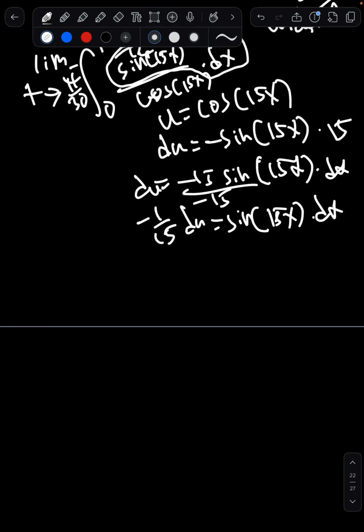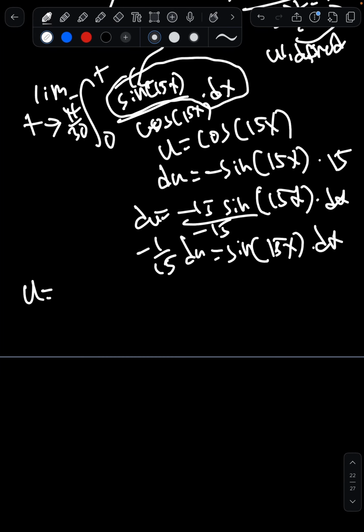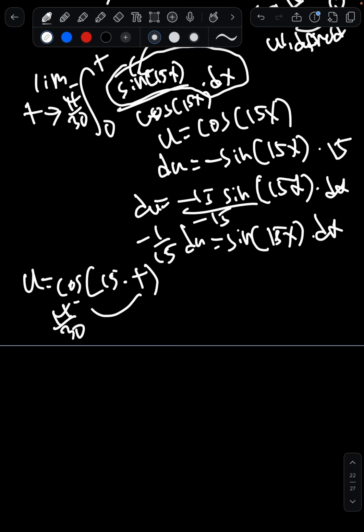But first, let's just change our bounds. Let's make u equal cosine of 15 times t. Now what is t? It's pi over 30 approaching from the left. So we know that it's really just cosine at pi over 2, which is 0.